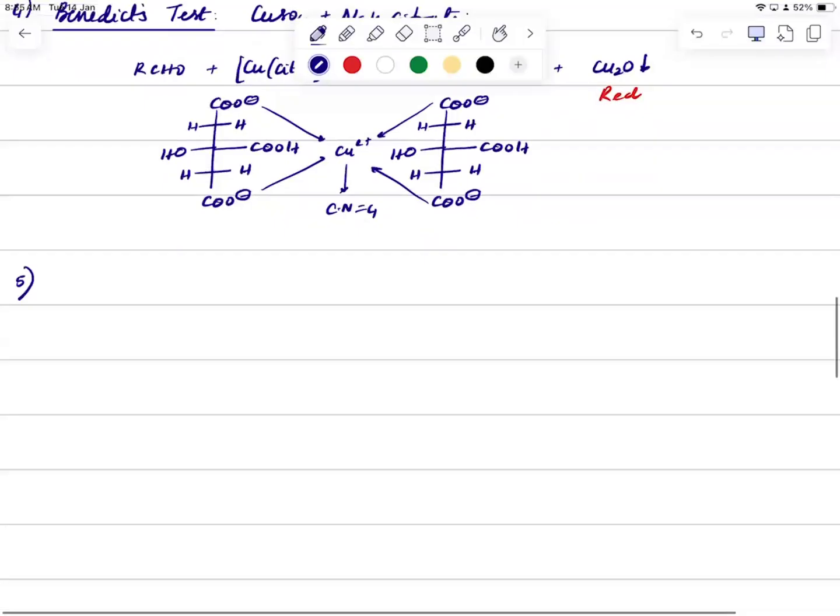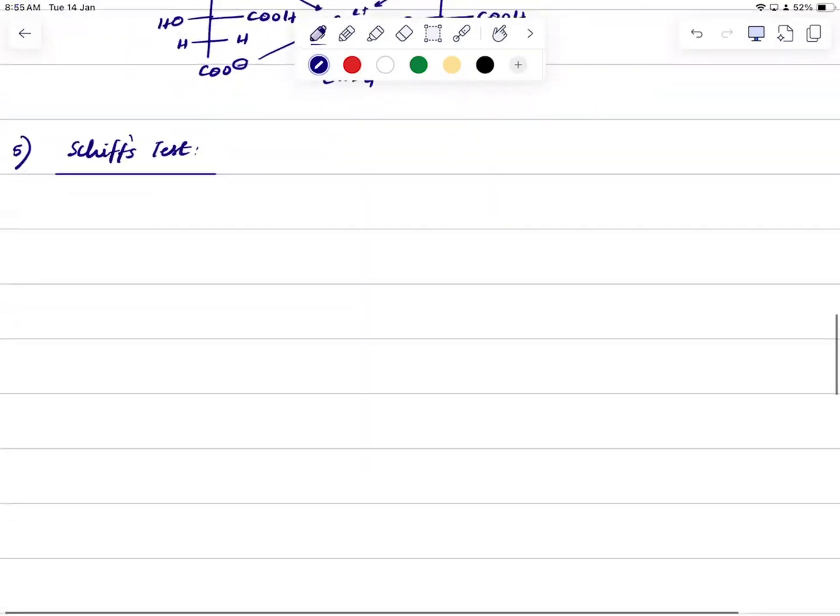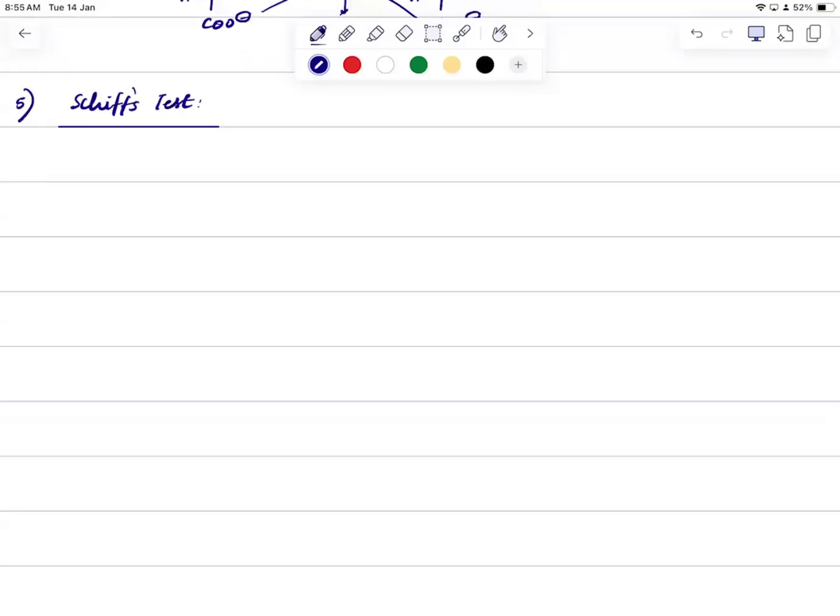Next, the fifth one is the Schiff test. In the Schiff test, the aldehyde is present with a reagent that we initially made colorless, and after reacting with Schiff base, if it turns into pink color, then it is called the Schiff reagent. Let me show you what the Schiff reagent is. Suppose you have three phenyl groups like this.